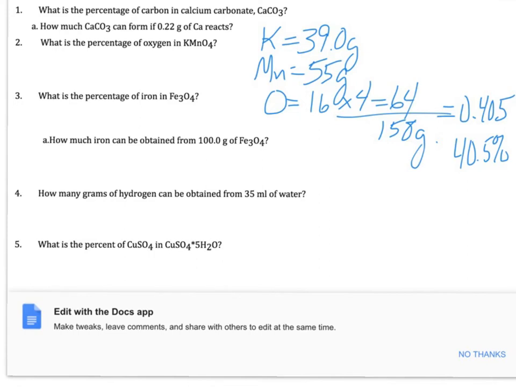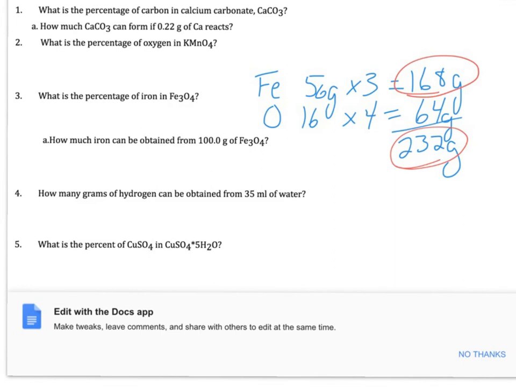So this is going to come out to 168 for the Fe. It's going to be 64 for the oxygen. Add those two together, and we get an answer of 232 grams. And so if we want to know the percent iron in there, we would take the 168 divided by 232.